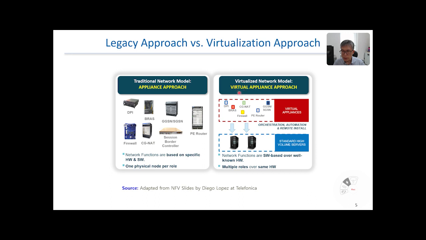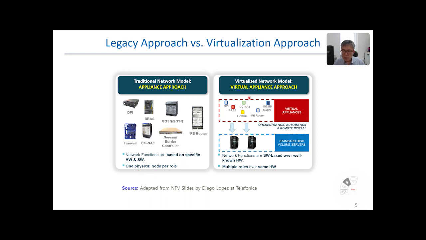It is called the virtual appliance approach. Basically, in the appliance case, we have a hardware box and the software is embedded, a kind of middle box approach. Network functions are based on specific hardware and software together, one physical load per role.